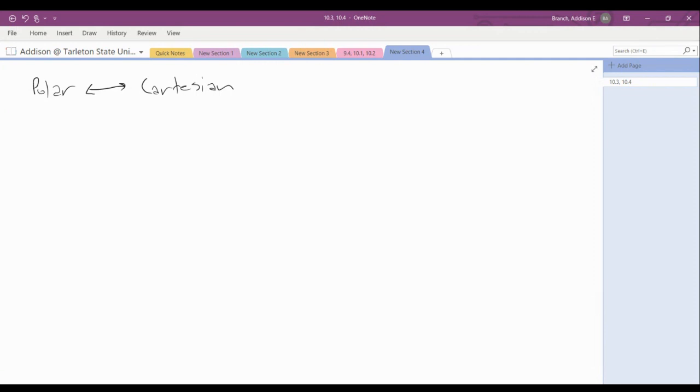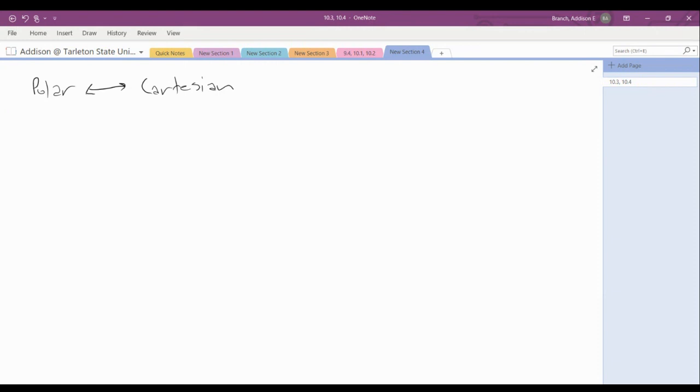So first of all, let's think of this graphically. Typically, whenever I've been showing you your polar axis, hypothetically, it can point any way you want. You just have to keep track of your angles.